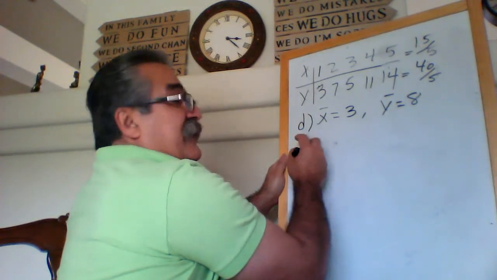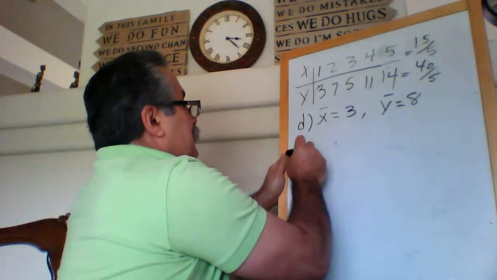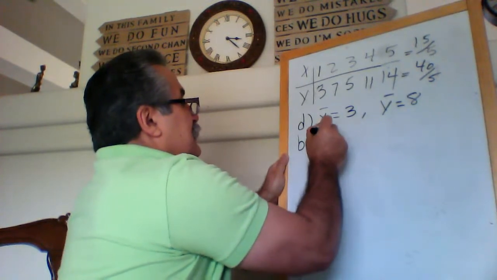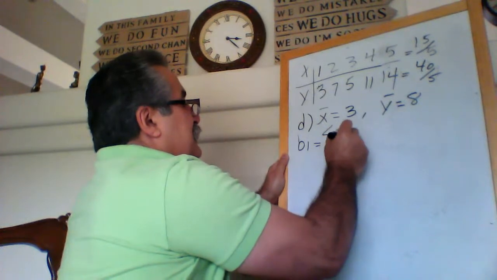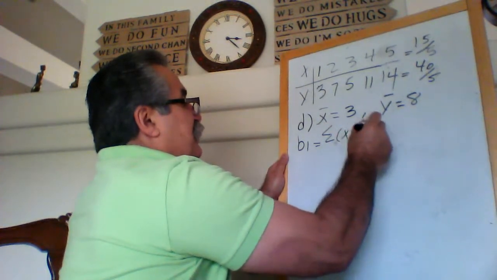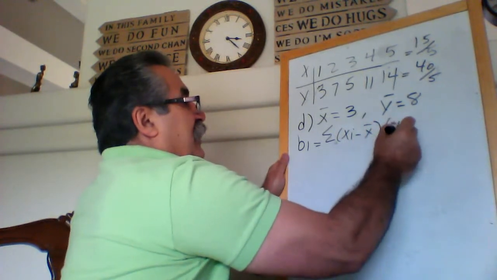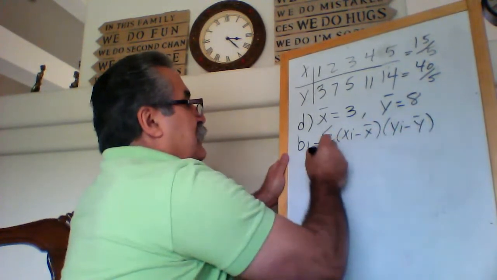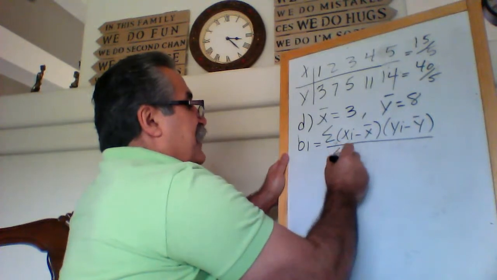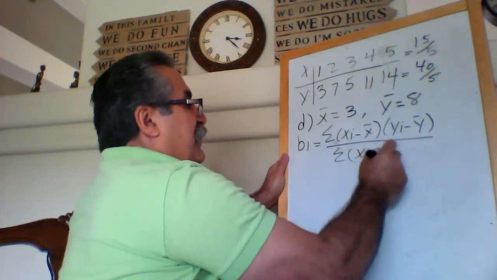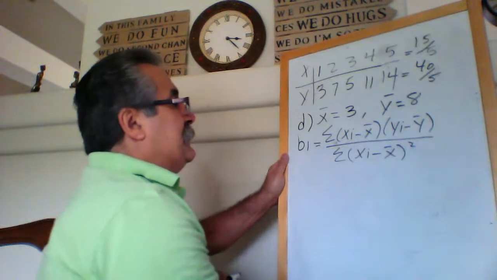And then writing down the formula, B1 is equal to sigma of xi minus x bar times yi minus y bar divided by sigma of xi minus x bar squared.